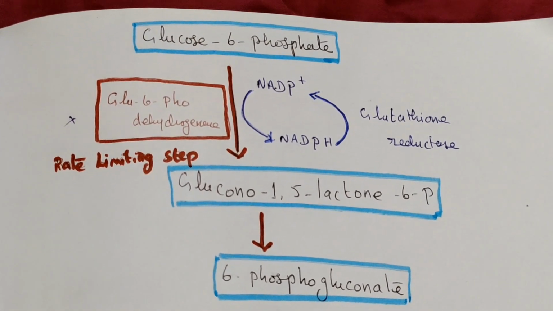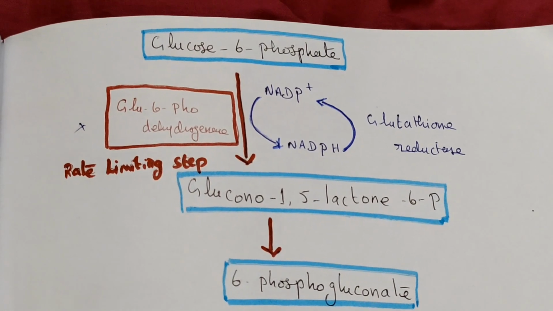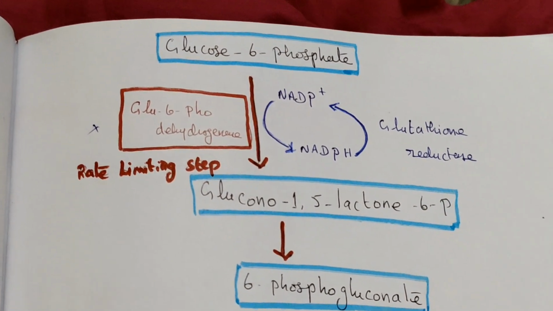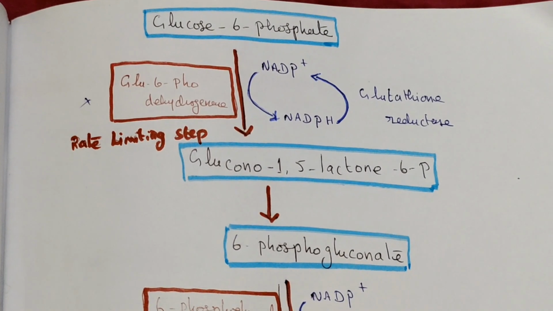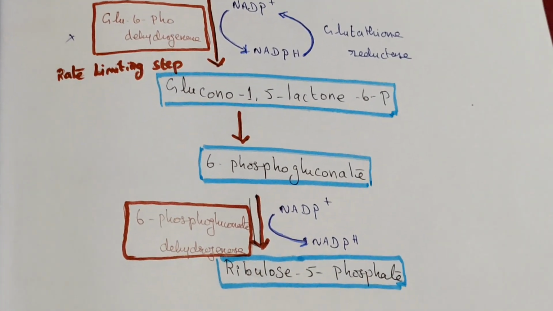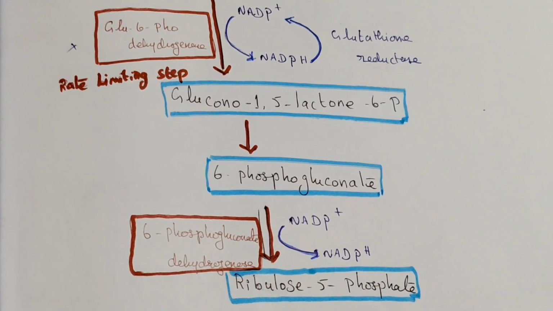So increased reactive oxygen species will then damage the RBC.